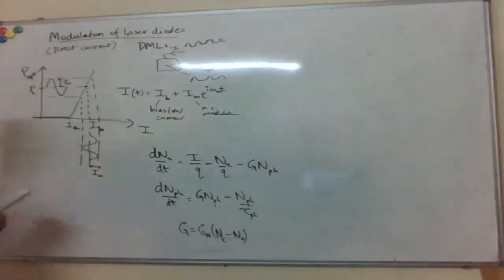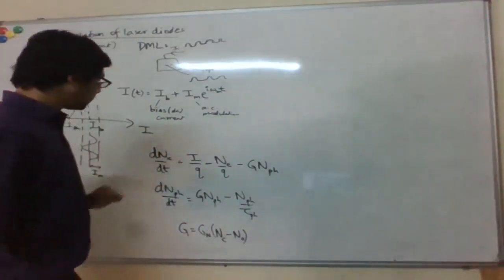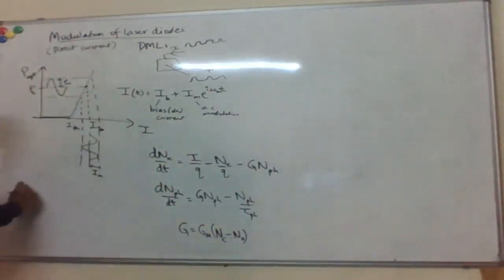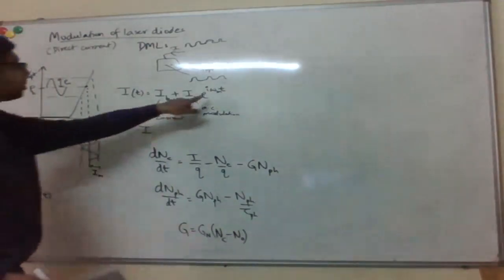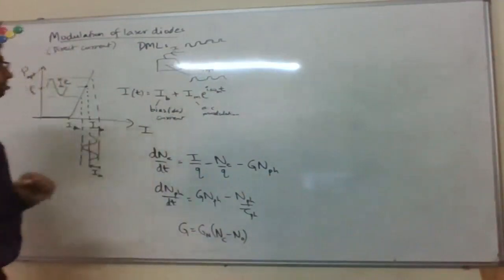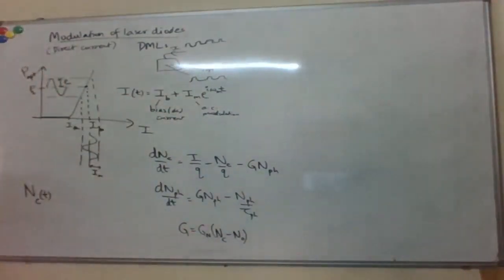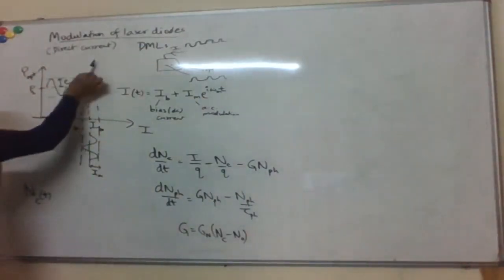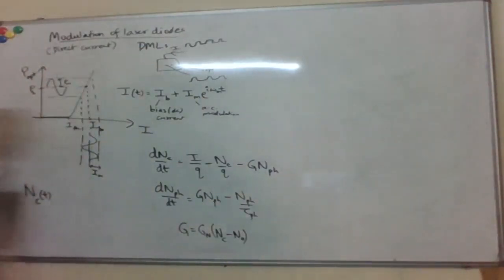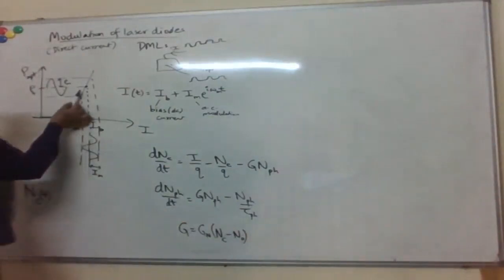Since these are linear differential equations, we can assume that the carrier concentration and the photon number also respond at the same frequency as the drive. That's another way of saying that this response is completely linear. But you can include some extra effects to model the laser more realistically, in which case this won't be perfectly linear.